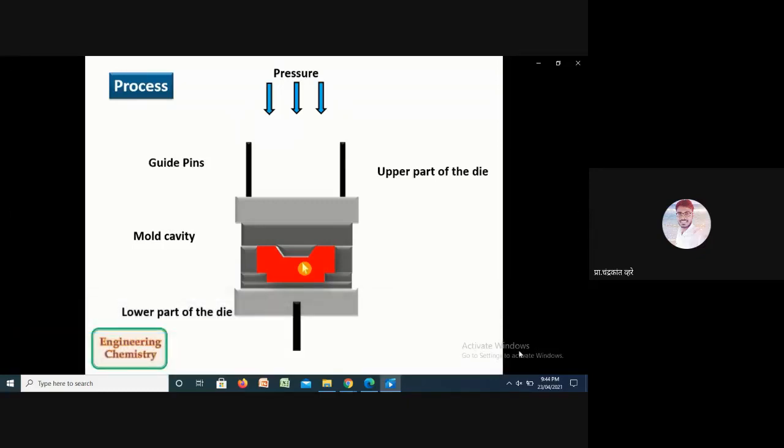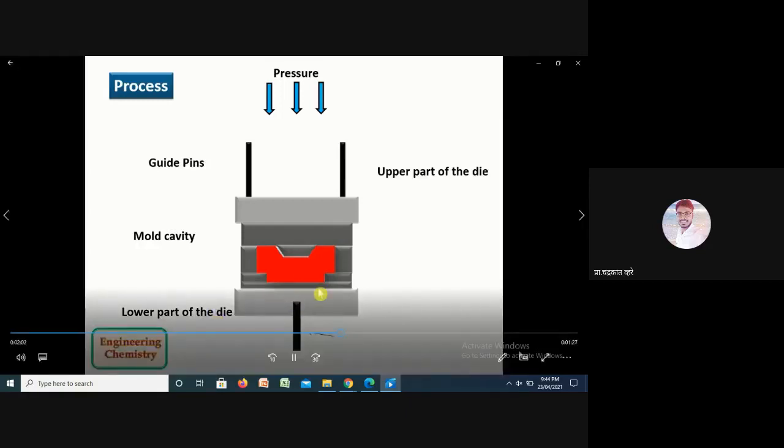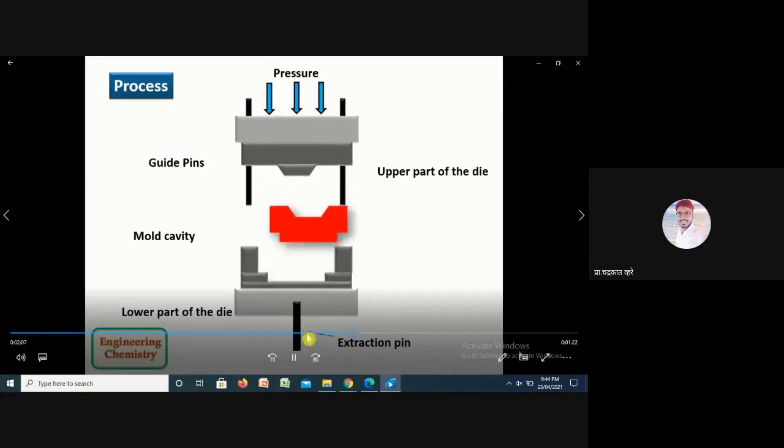Cooling is happening. In this chapter, we are going to design this mold, this cavity, pressure, and this extraction or ejector pin.